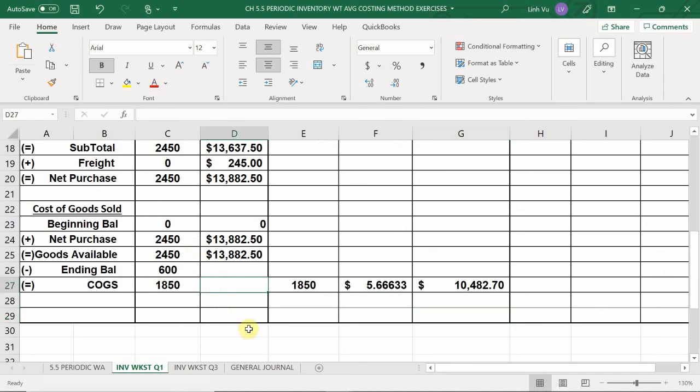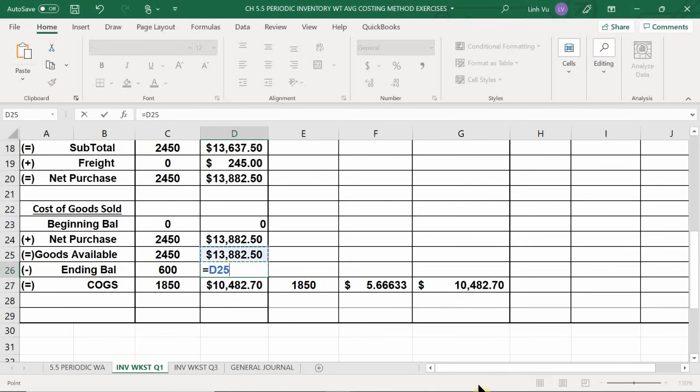In this case, I have 10,482.70. So what is going to be my ending inventory? The cost of my ending inventory is going to be $3,399.80.